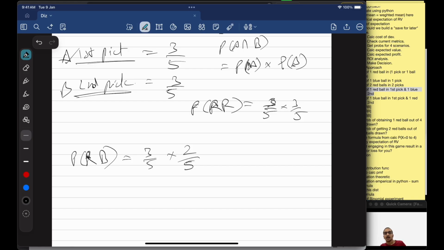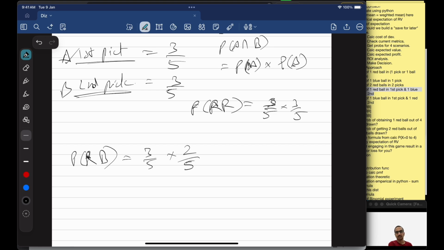In the same experiment, we are doing one trial, and both the events must happen together. It does not matter if they are simultaneous or one after the other; they should just happen together.